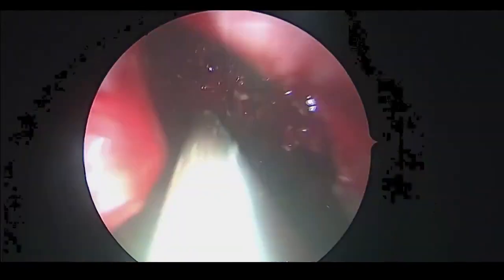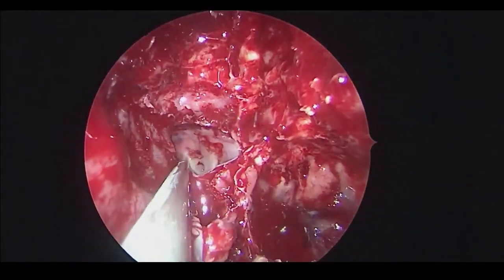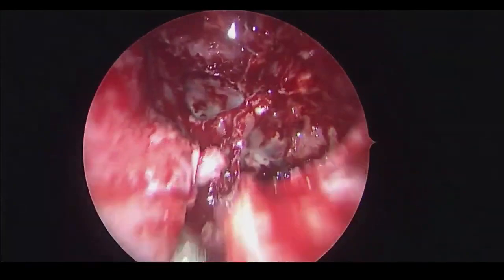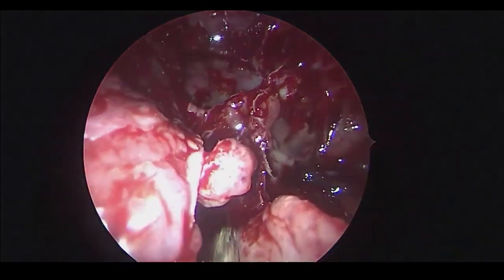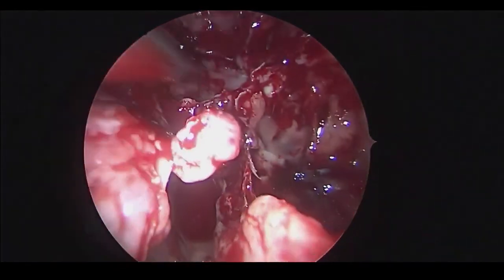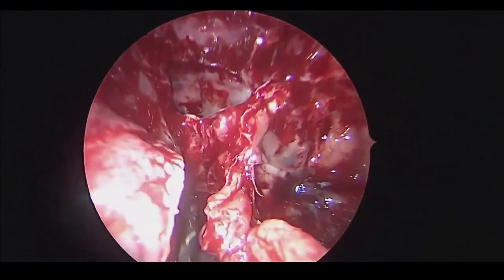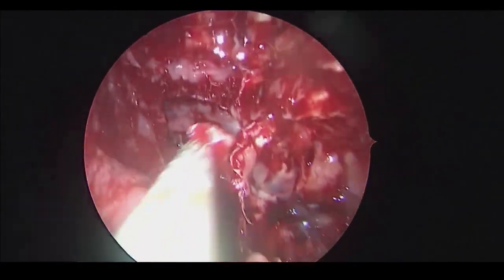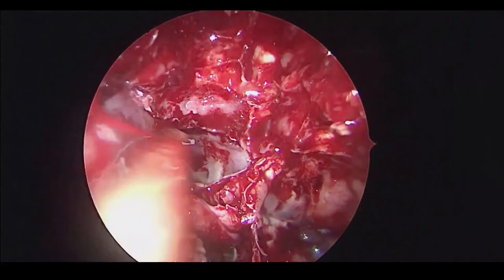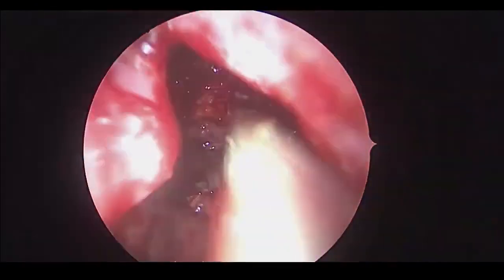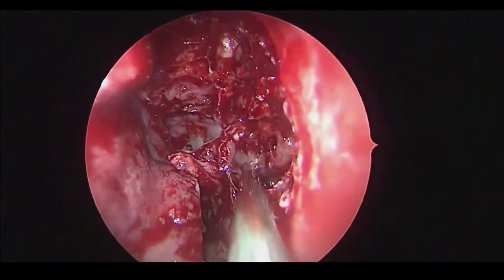Sir, can you demonstrate the site for posterior neurectomy you were talking about? Yes, I will show you. I told you in the morning. See, my full face on this side is done. Can you see?